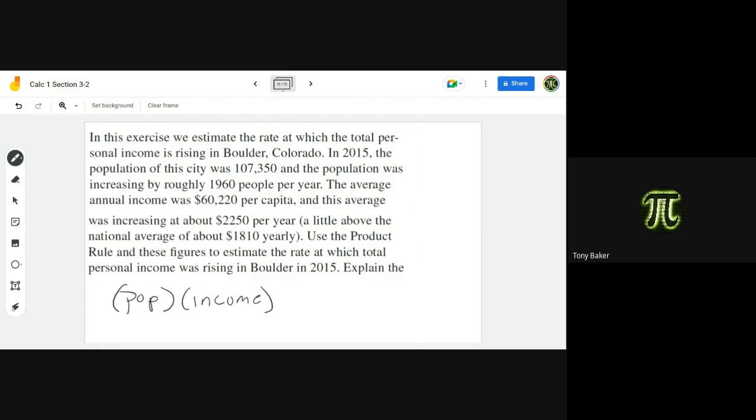But they're asking what the rate is at which it is changing. So what are they asking for? They're asking for the derivative of it, because the derivative is going to give me the rate of change, correct? Well, what's a derivative? It's slope, right? That's telling me how fast something's changing. So that's why I actually really like this problem.